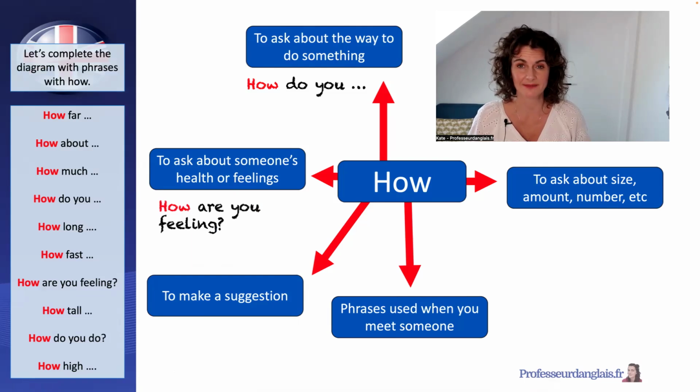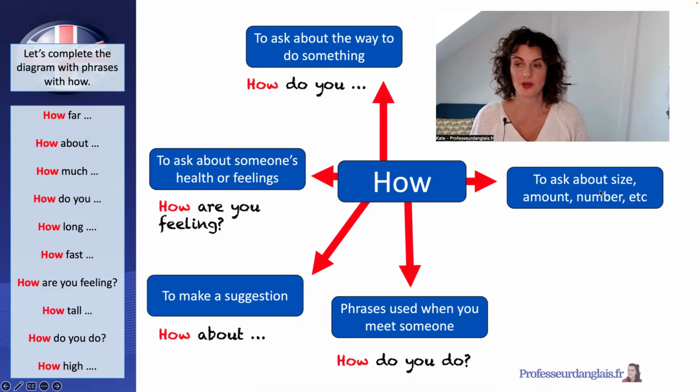What about to make a suggestion? How about coming over to my house for lunch on Sunday? How about? What about phrases used when you meet someone? How do you do? Remember, this is very formal.